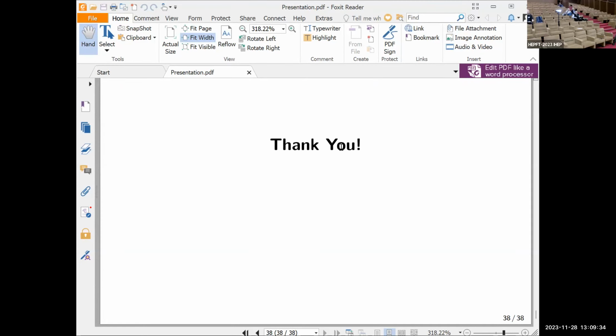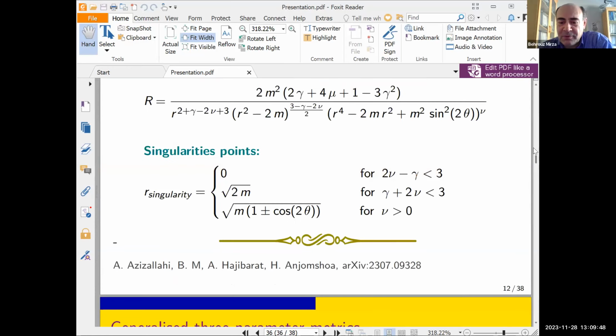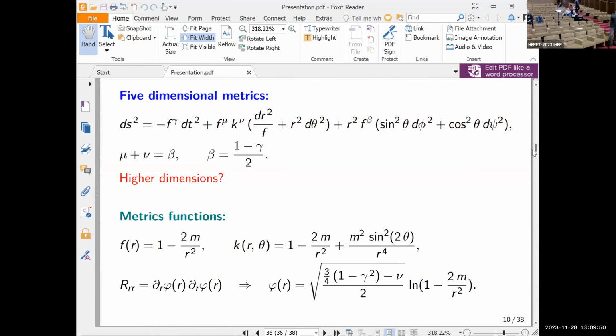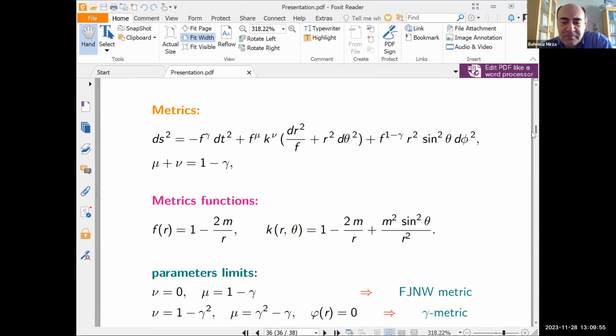Could you please scroll back to one of the first slides where you show the non-rotating variant of the metric? Could you say it again, please?